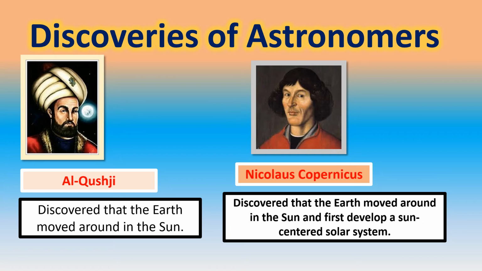Copernicus was a mathematician and astronomer whose book on the revolutions of the celestial spheres was published just before his death in the year 1543. It earned a place among the works that advanced science and made an important contribution to the scientific revolution.